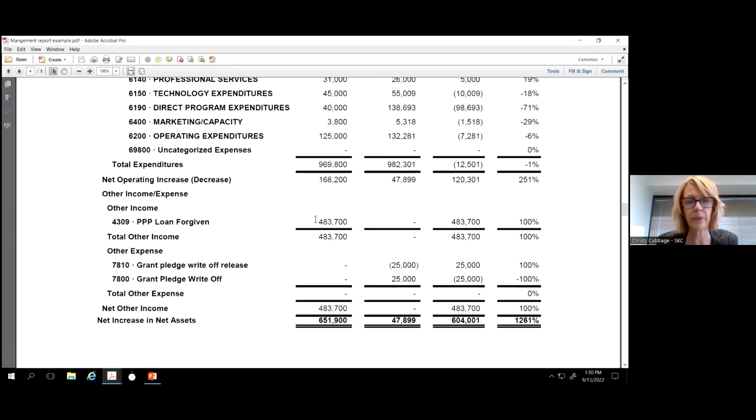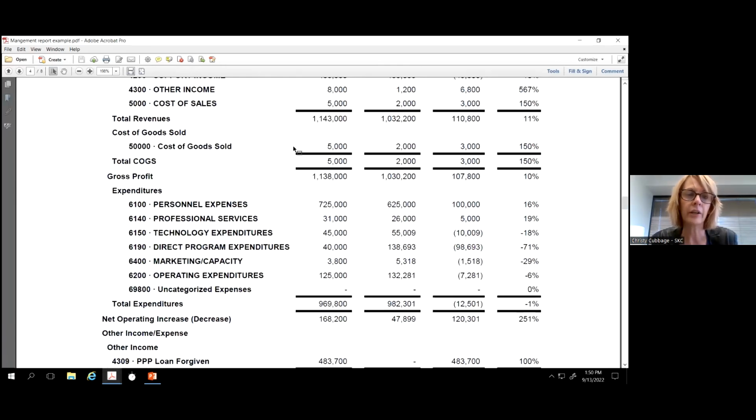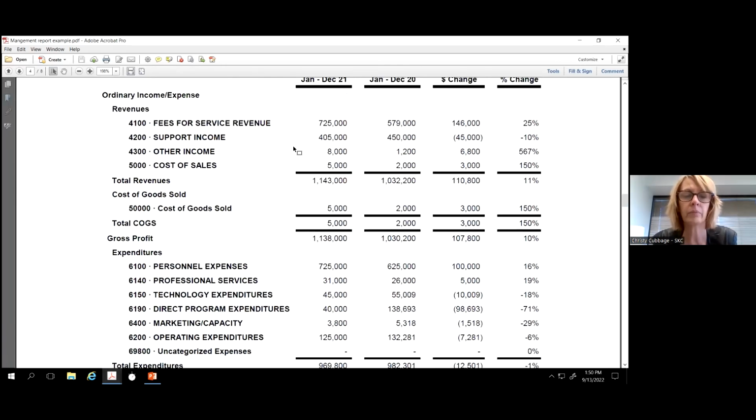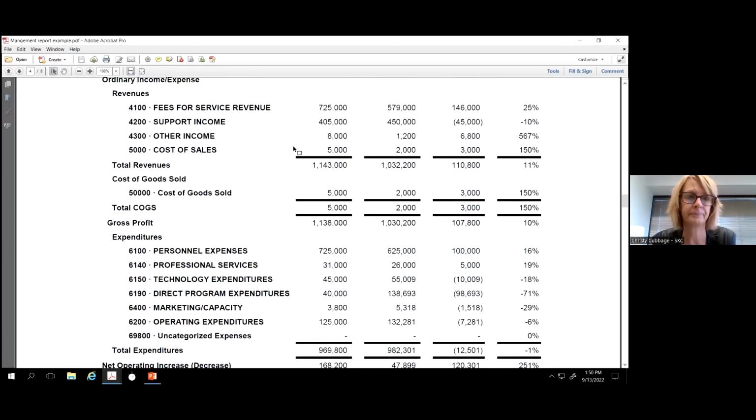If you have a PPP loan, I put a number in here, it's separate from your operations. So that's an important piece too. You don't want anomalies mixed in with the rest of the ongoing organizational, operational activities.